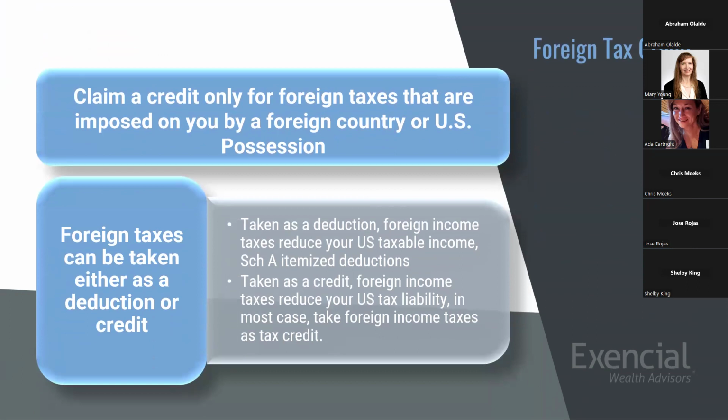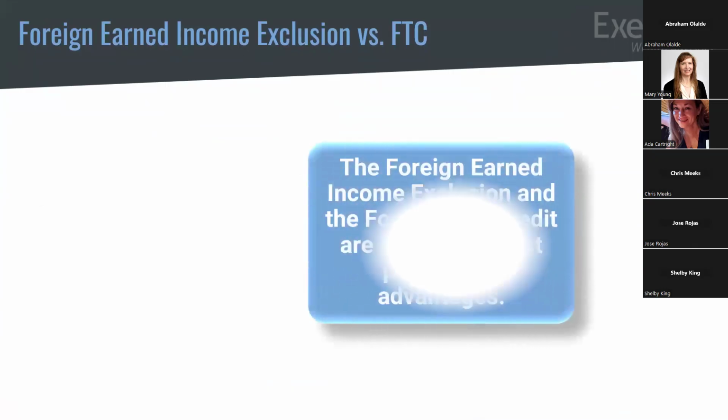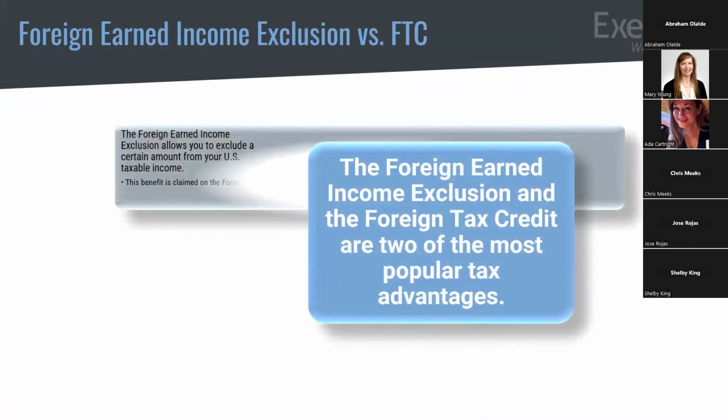This is reported on Form 1116. And the important thing to know is that you can either take the foreign tax credit or the foreign income exclusion. They cannot be combined. And so we're just going to compare the two really quick.